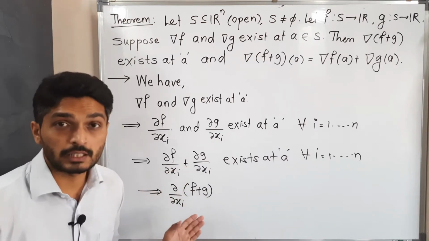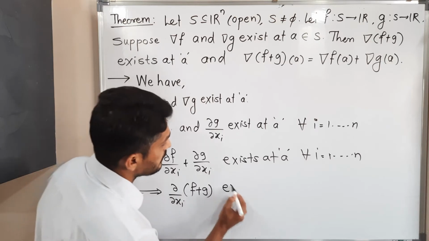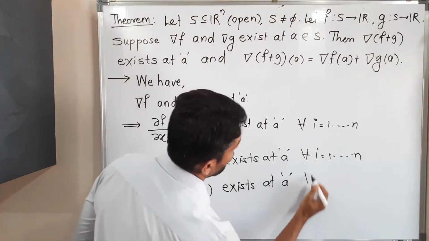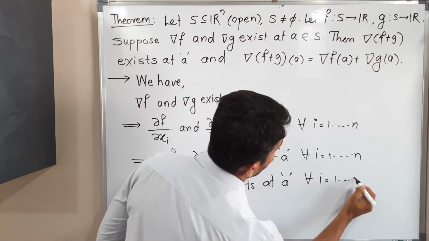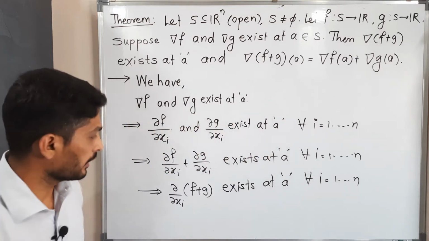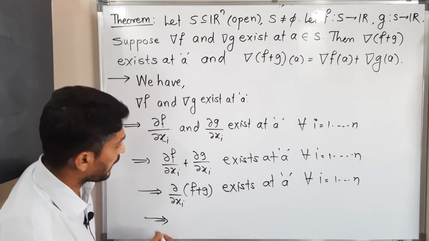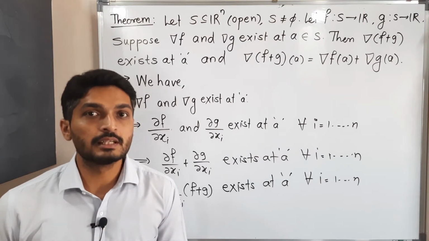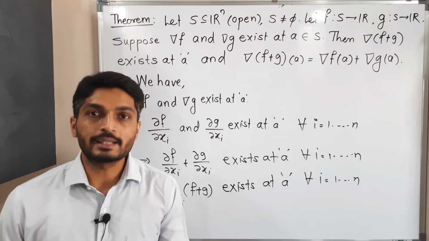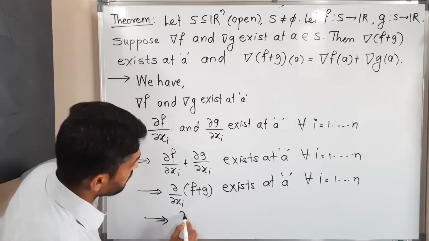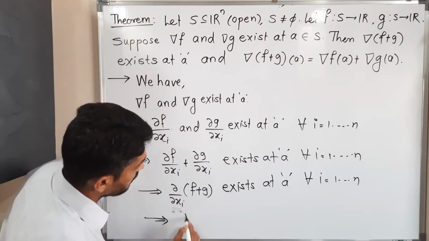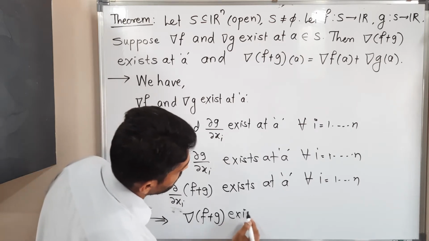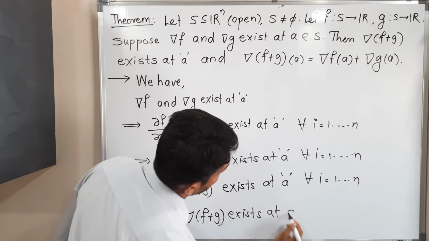So the same thing I have done here, okay? And this exists at A for all i running from 1 to n. So this implies if all partial derivatives of f plus g exist, that means del (f plus g) also exists at A.